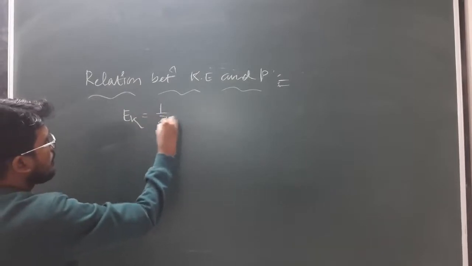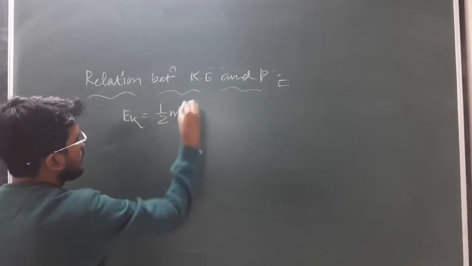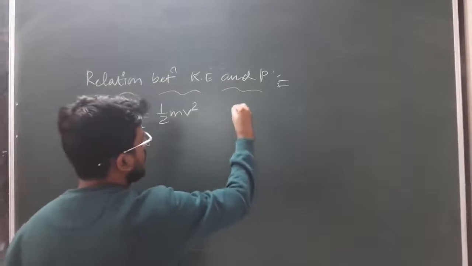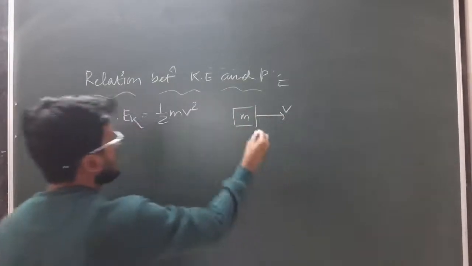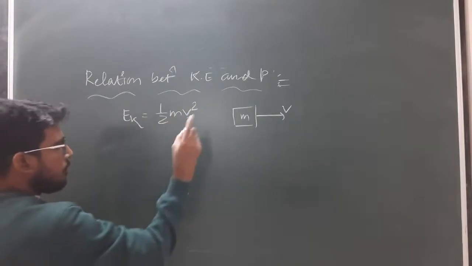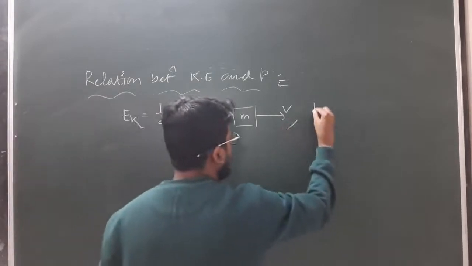It can be defined as half m v square. Clear? If a block of mass m is moving with certain velocity v, then it has kinetic energy half m v square.